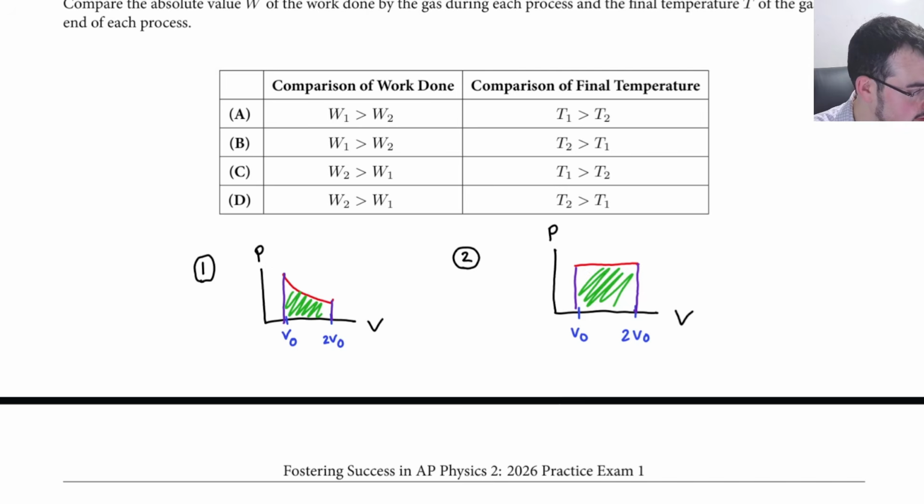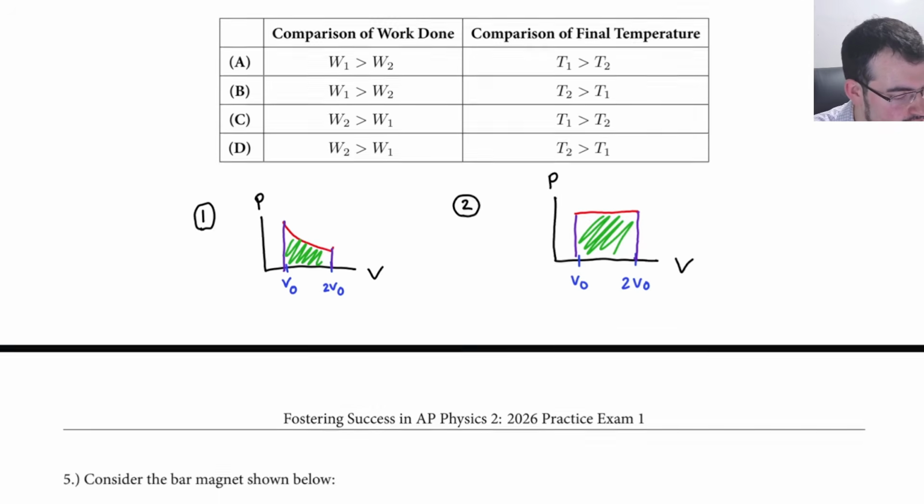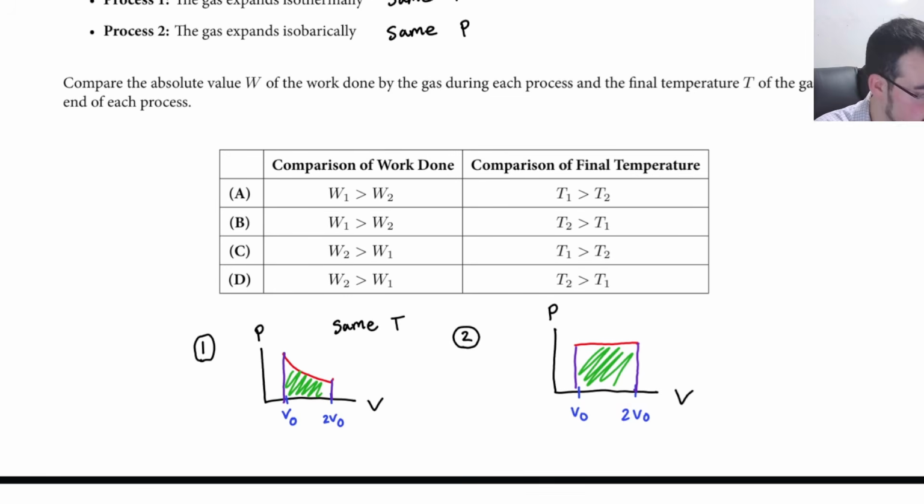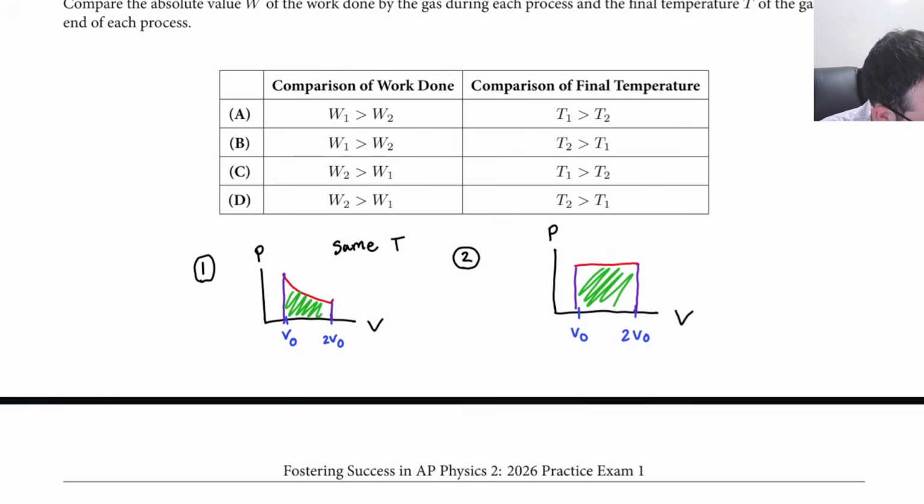And then what about temperature? Well, we know that case 1 has a constant temperature, same T. But here, if we look at our ideal gas law, PV equals nRT, we see that we have a fixed pressure.